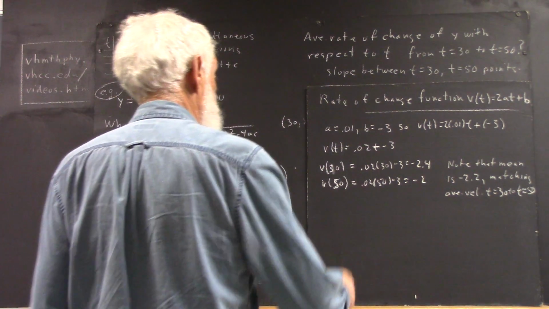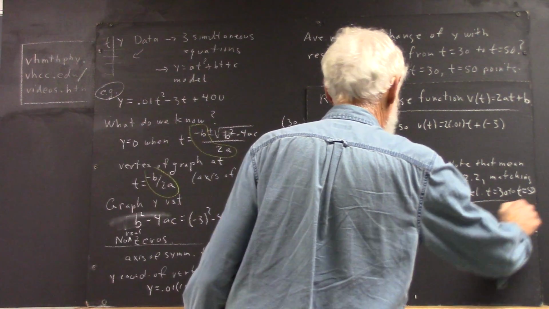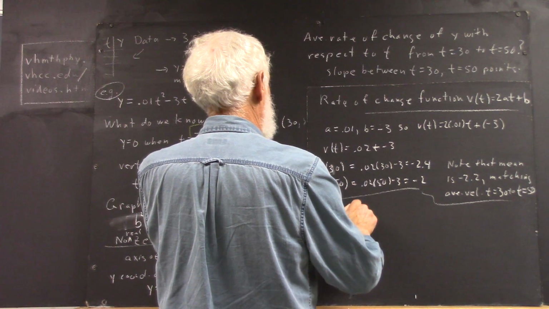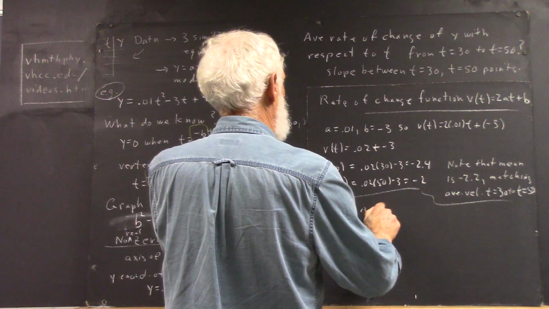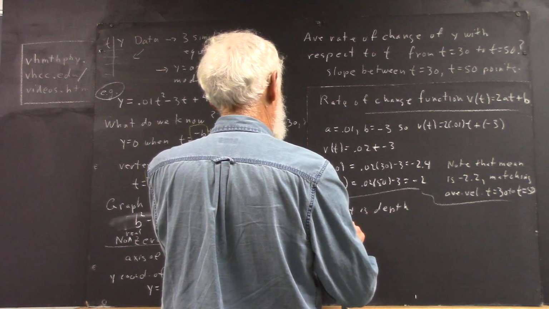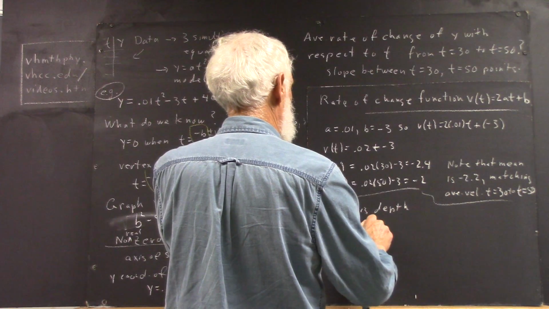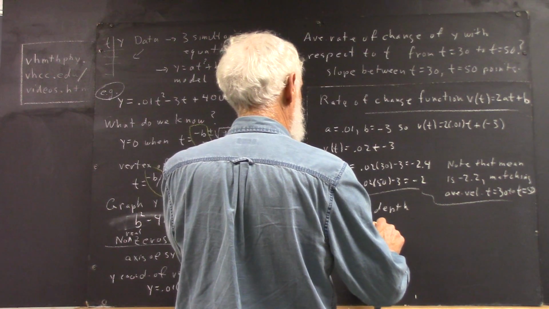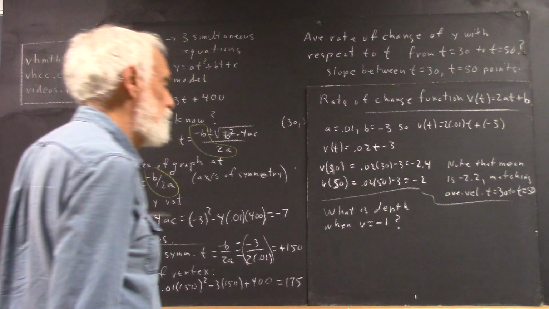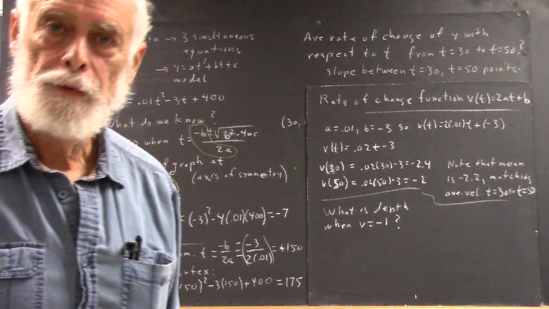Okay, another interesting question we can ask. What's the depth when the velocity is, let's say, -1? What are we going to do with this?